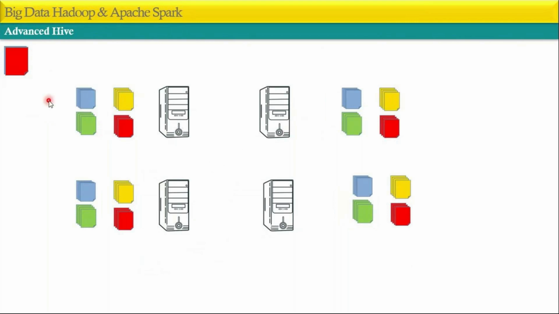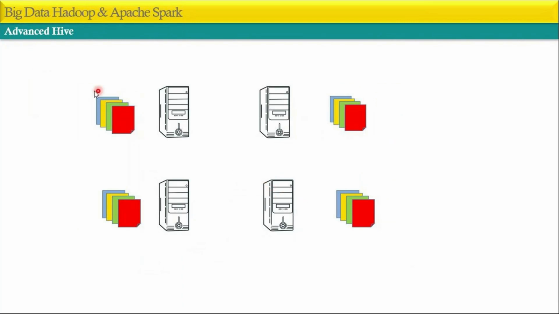But if we are able to scatter and group this data in this particular way, that is nothing but creating the partitions. Over here, the entire data is scanned from this node.